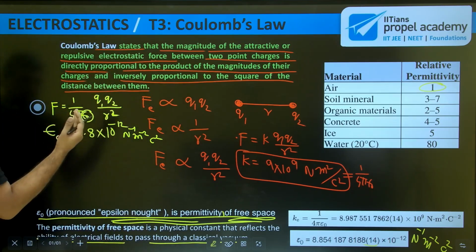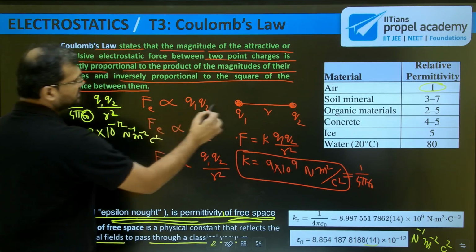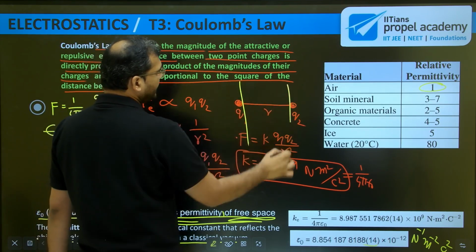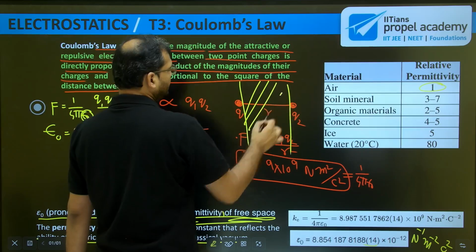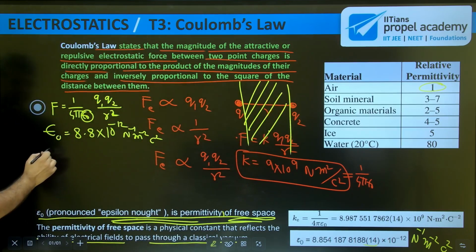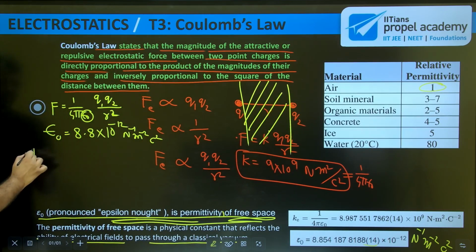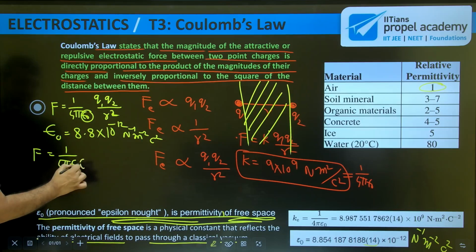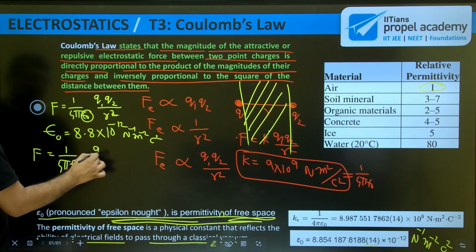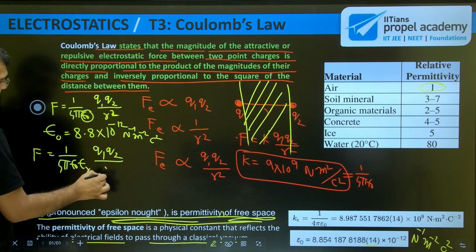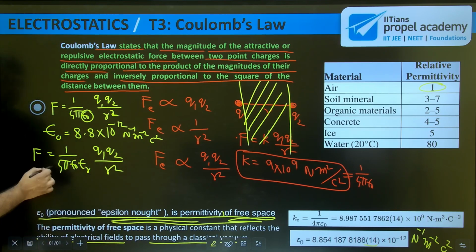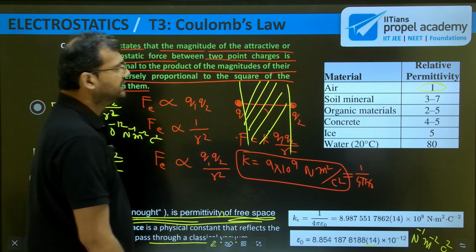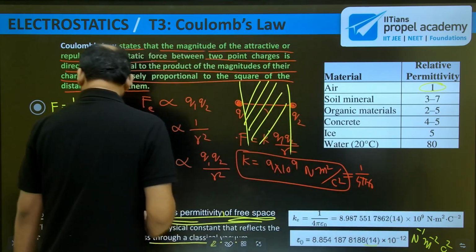What do you mean by relative? If you have these two charges in a medium, then this will change as F equals 1 by 4 pi epsilon naught into epsilon R. You have to write what you call the relative permittivity. So epsilon R is the relative permittivity, which is also called the dielectric constant.